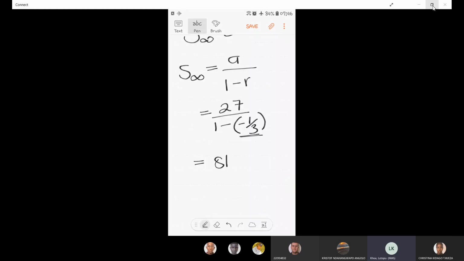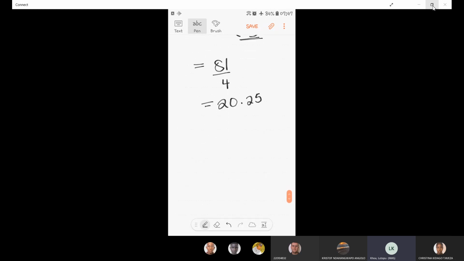This is 81/4. You can write this to 3 decimal places, depending on how the question is asked. Okay, so this is 20.25 to 2 decimal places.